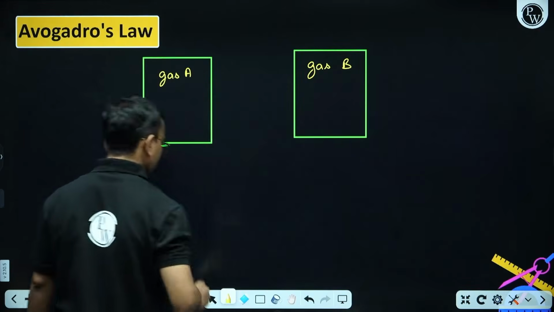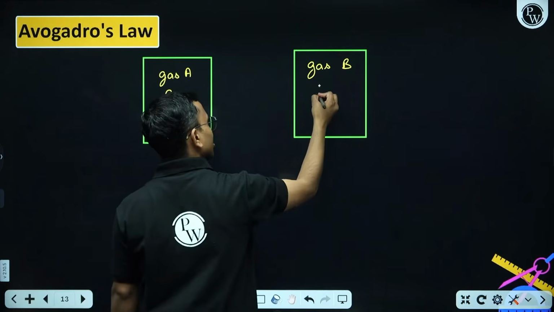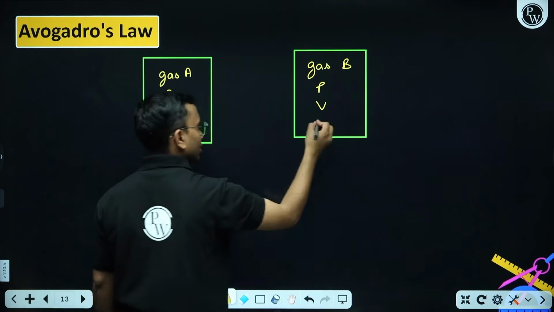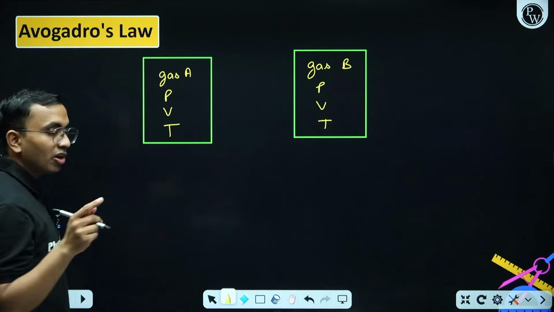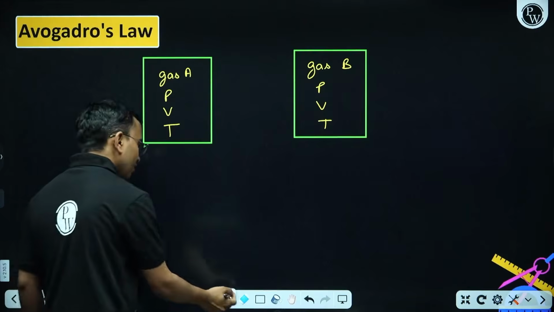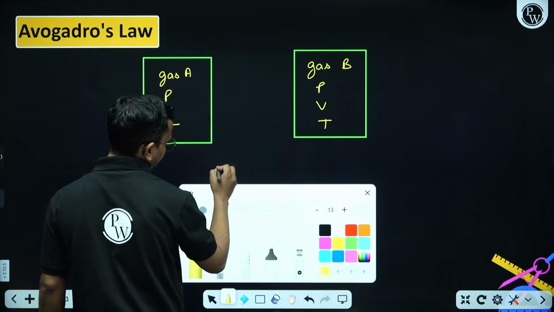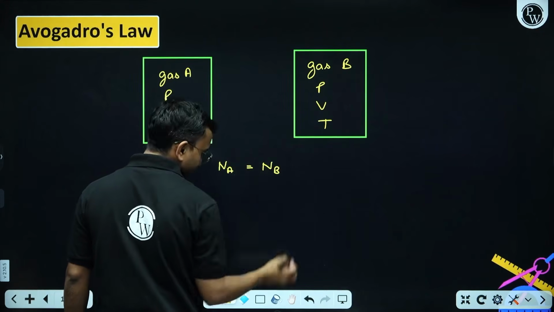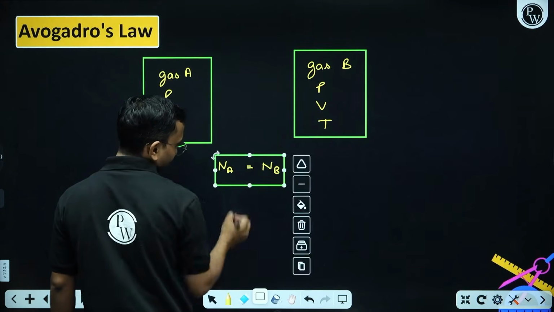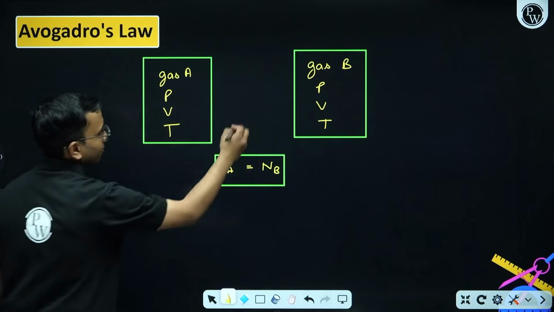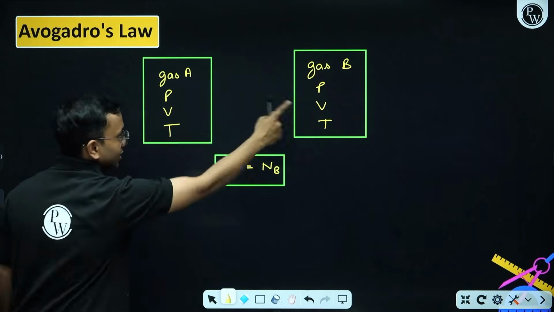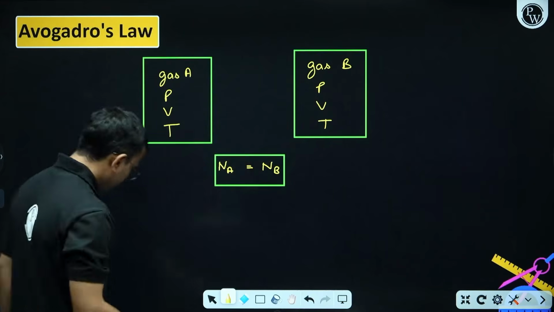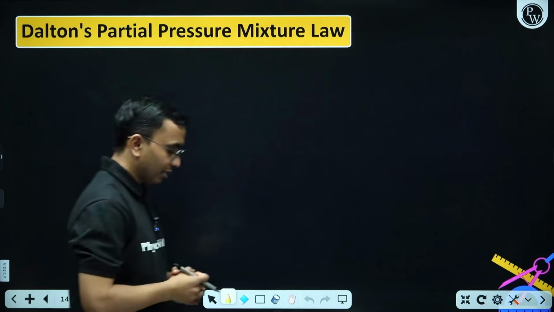Here the pressure is P, here also the pressure is P, here the volume is V, here also the volume is V, here the temperature is T, here also the temperature is T. Then the number of molecules of gas A is equal to the number of molecules of gas B. If P, V and T are the same, Na has to be equal to Nb. This is Avogadro's law.